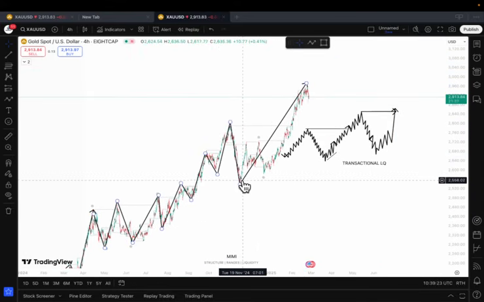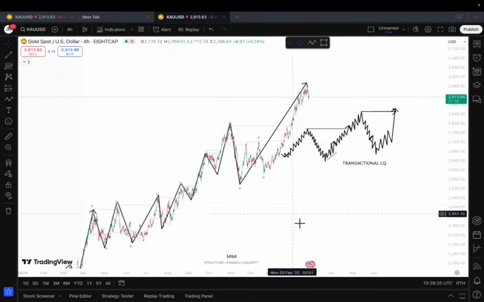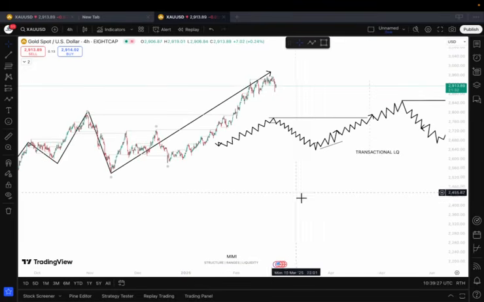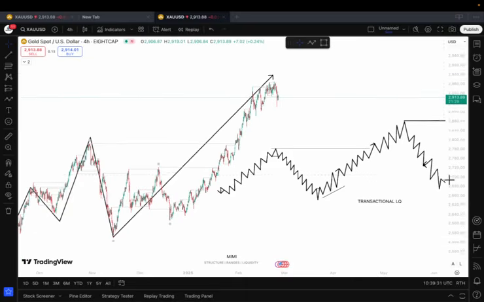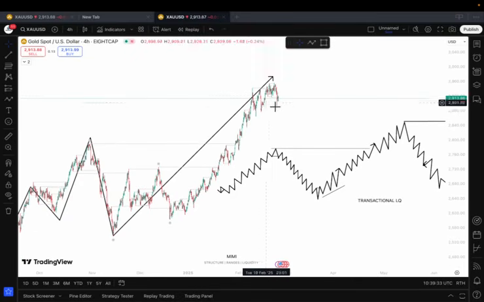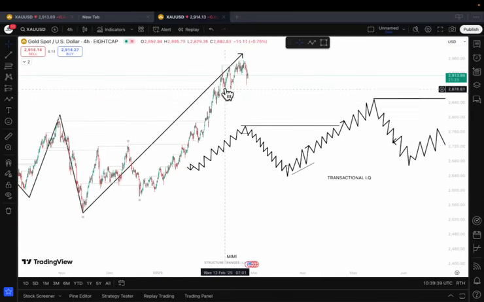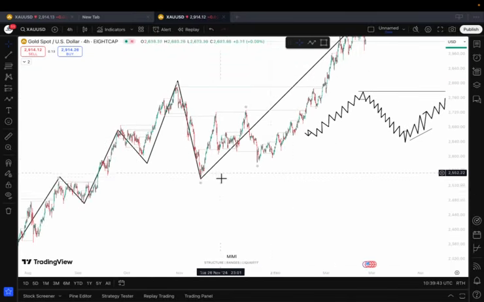So if we have a change of character internally, which is a disruption, price tends to start clearing the other internal liquidity till where? Till this range, till this external.